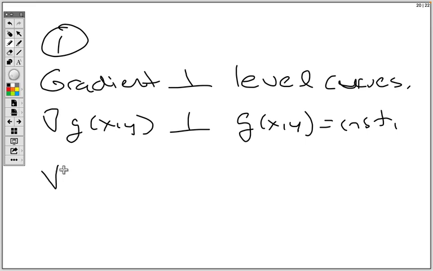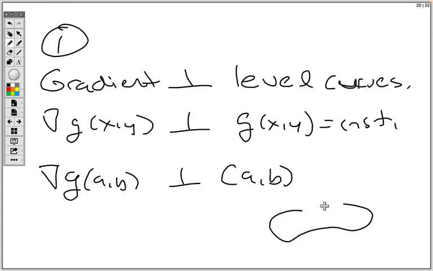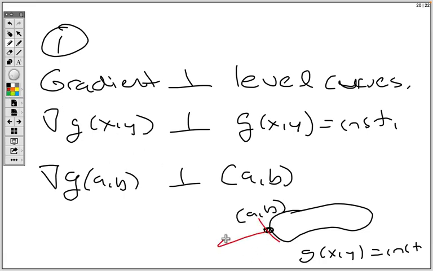So the gradient at (a, b) is going to be orthogonal to the point (a, b) on our curve g of x, y equal to a constant. This was something we proved, courtesy of the chain rule, so that one we get pretty much for free. The gradient of g at (a, b) is orthogonal to the curve at the point (a, b).